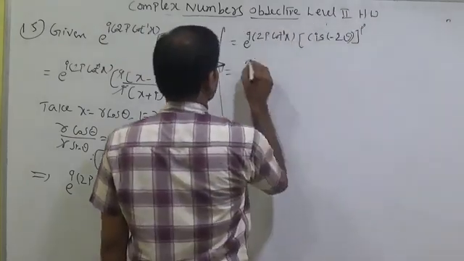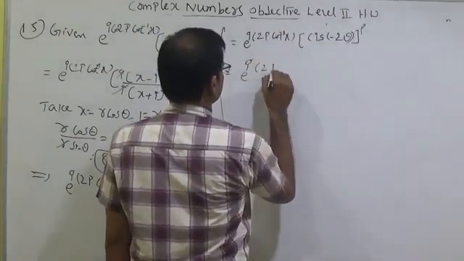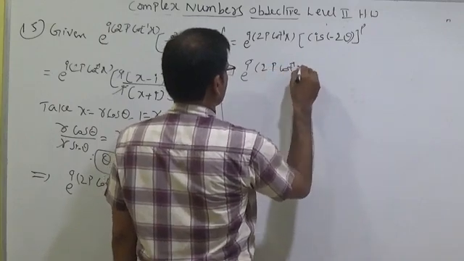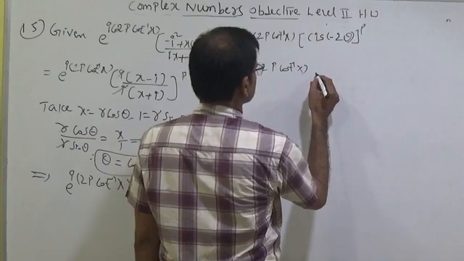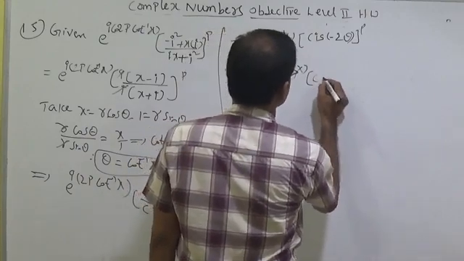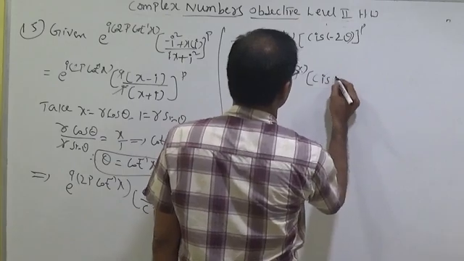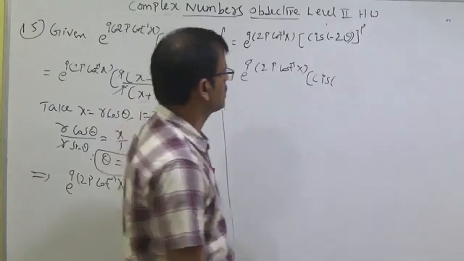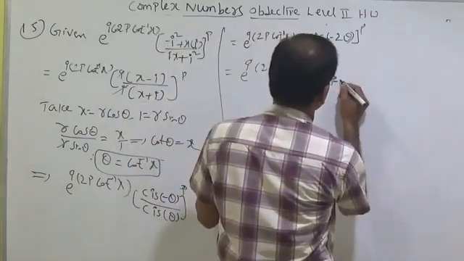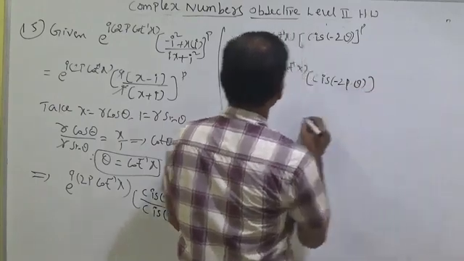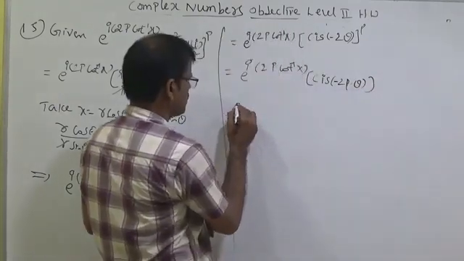That is e power i into 2p cot inverse x into, this is general, not in e. Cis is cos theta plus i sin theta. According to De Moivre's theorem, cos n theta plus i sin n theta, so you can understand this is cis of minus 2p theta.